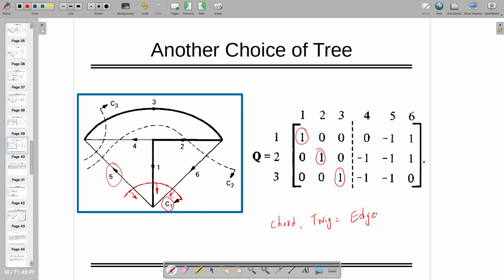This cut line cannot cut an edge, a chord, two times, right? We already cut one twig, only one twig. The same chord twice is not required. Right? Misleading. Sir, let's say for twig two, we cannot make another cut like C2.